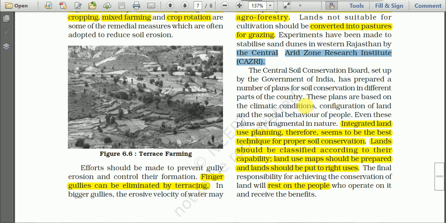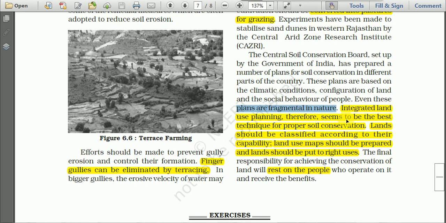The Central Soil Conservation Board set up by the government in India has prepared a number of plans for soil conservation in different parts of the country. These plans are based on the climatic conditions, the configuration of the land, that is the landform, and the social behavior of the people. Even so, these plans are fragmented in nature, that means they cannot be implemented properly.